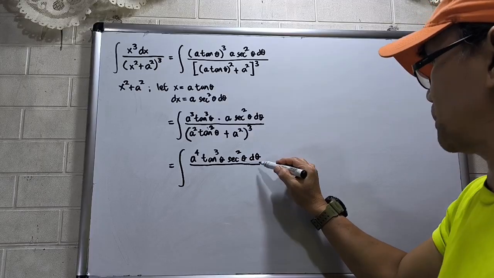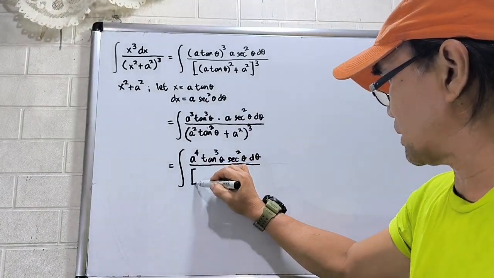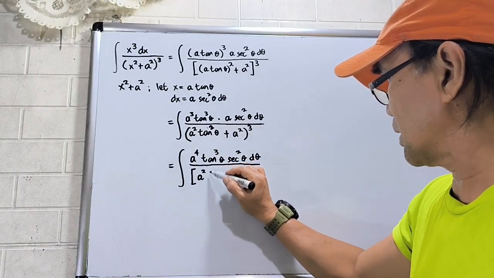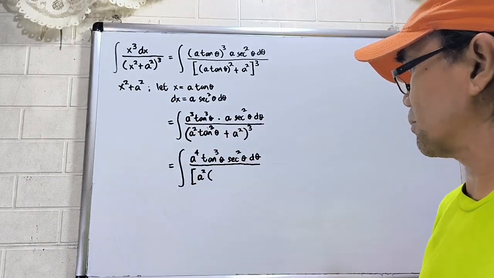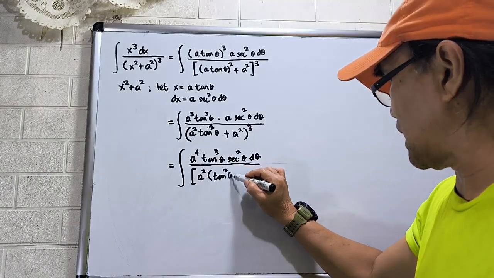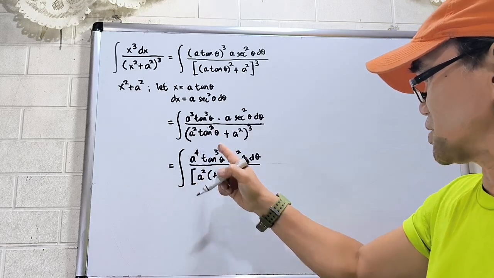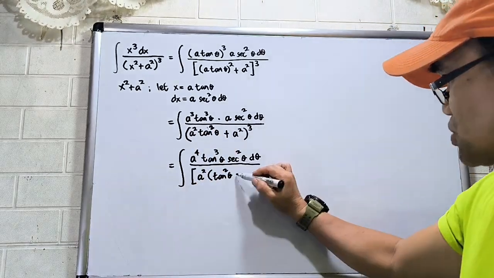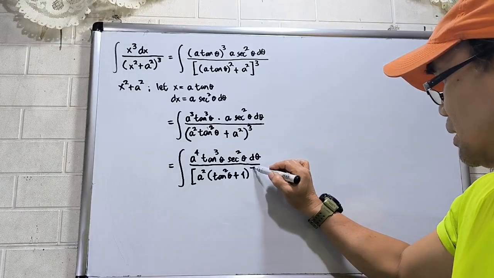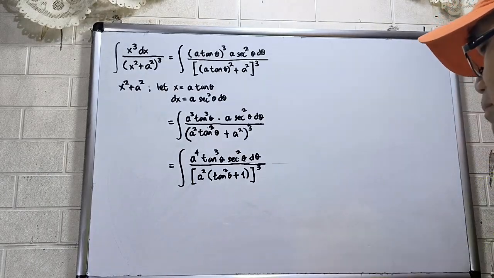Then this will be over, so I'll just write square brackets. So this will be a squared, then factor out. This will be tangent squared theta, because a squared divided by a squared is 1, times tangent squared theta, that will be tangent squared theta. And then this will be a squared divided by a squared, this will be 1. Then this will be raised to the power of 3.